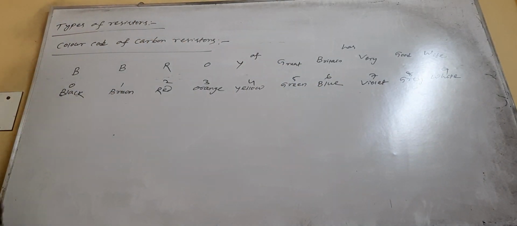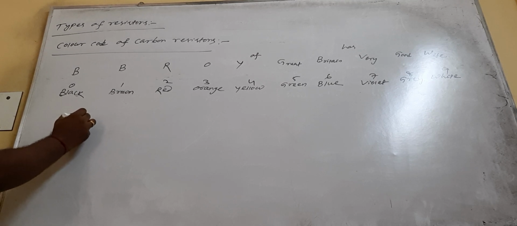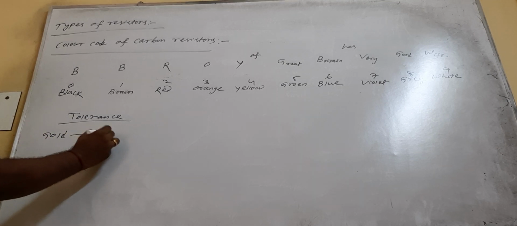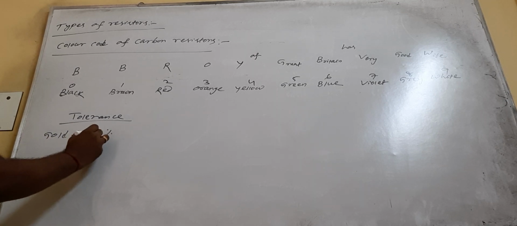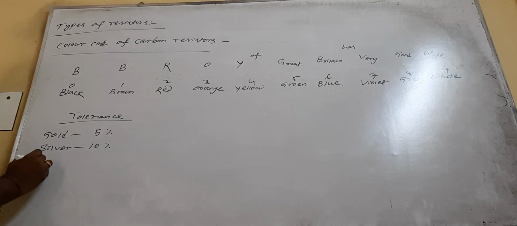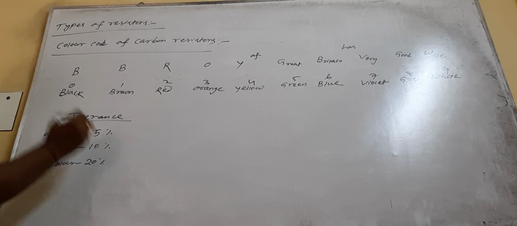There are also two other colors which give the value of tolerance: gold is 5%, silver is 10%, and no color is 20%.